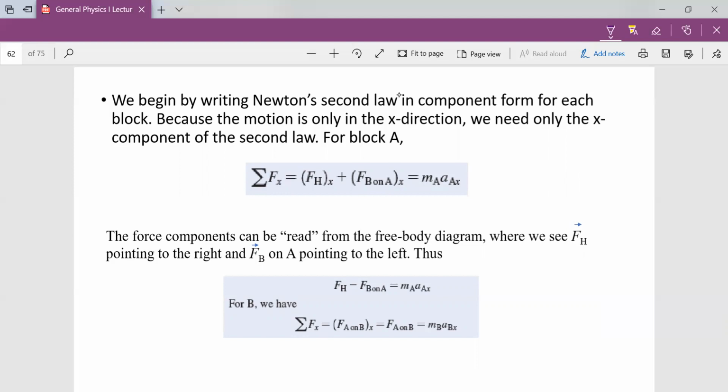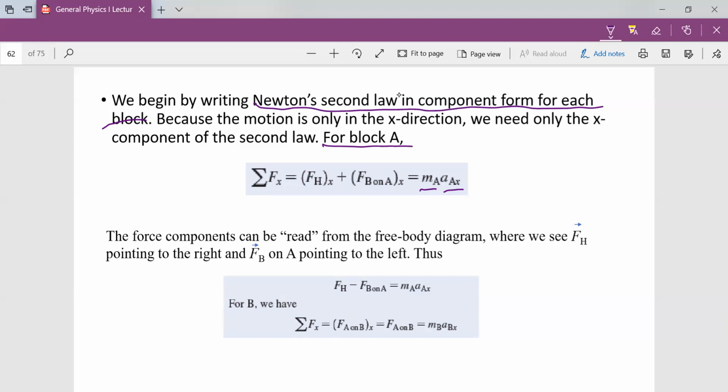So we write the Newton second law equation for the component of each block. All right. So let's look at the Newton second law x component for block A, which is the summation of forces acting on that object A equal to m_A, the mass of A, times the acceleration. The two of them have the same acceleration, as we stated in the basic fact about interacting objects.